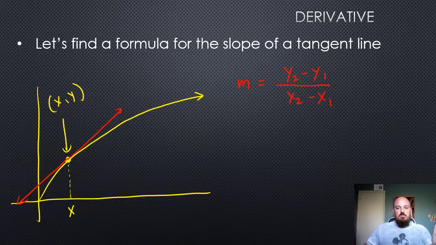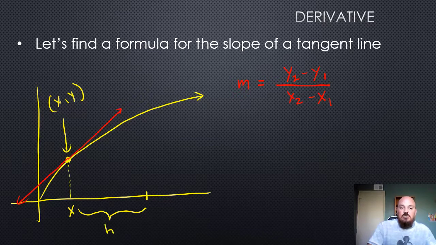Now instead of picking a second x value somewhere, I'm going to pick a value by adding to that. If this is x, I'm going to go a certain distance to the right of that, and I'm going to put my next point right here. I'm going to call that distance h, and you'll see why in just a sec. But once I get to that point on the x-axis, I'm going to go back up here and pick another point.